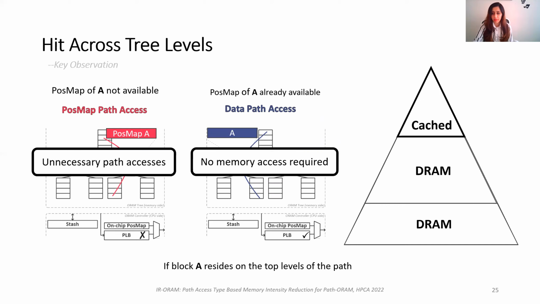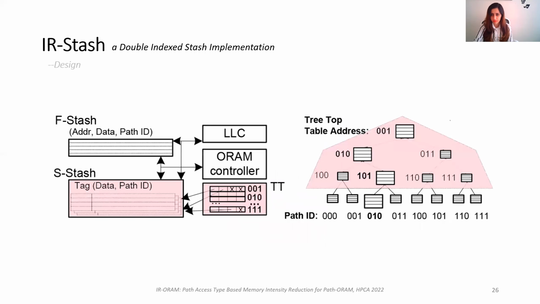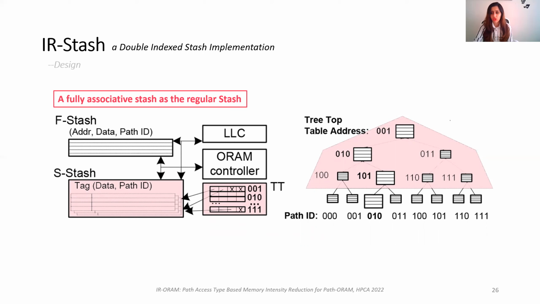This can actually be mitigated by redesigning the stash, which brings us to our scheme IR-stash, a double index stash implementation. It contains a fully associative stash as the regular stash, and in addition, it has a set associative stash to cache the treetop.